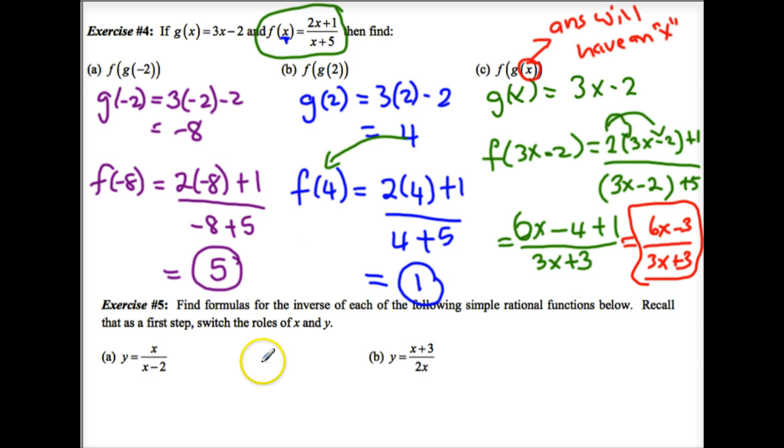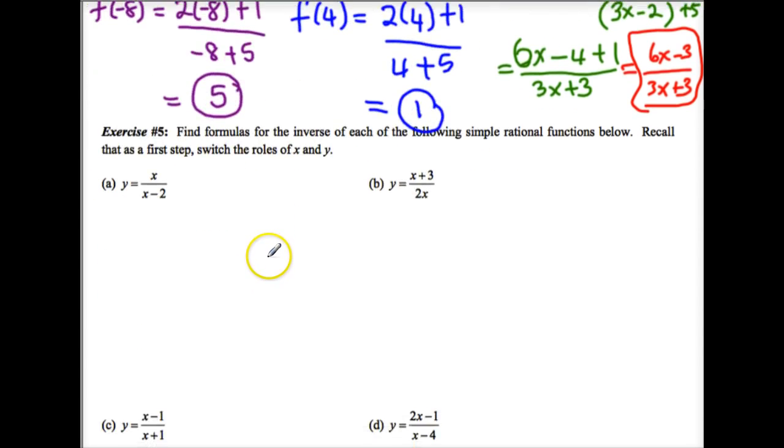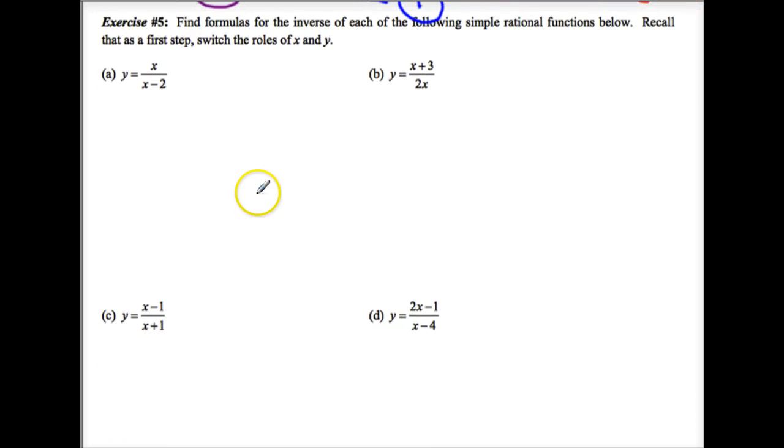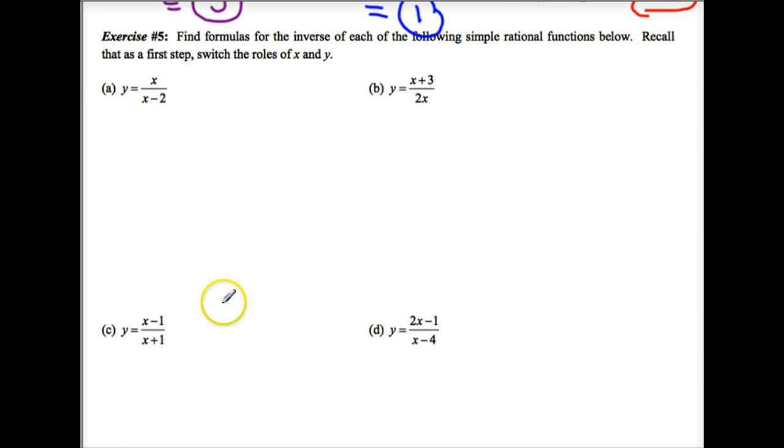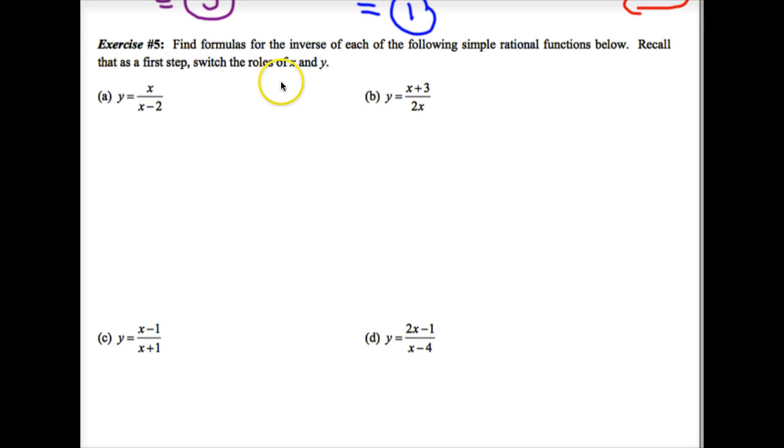Okay? So number 5, this is those inverses that we talked about back in Unit 1. There were 4 steps that you need to follow. So let's try these. Let's look at the first one, and hopefully we remember these steps. So I will go through step by step for these, and then you follow.